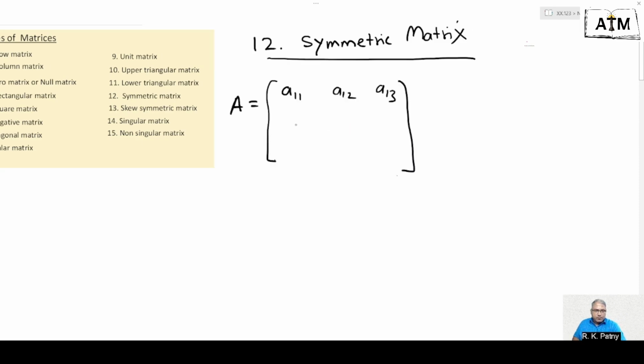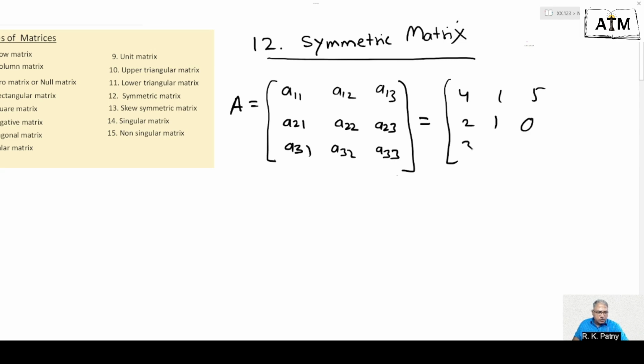Now for example, let us consider a matrix A11, A12, A13, A21, A22, A23, A31, A32 and A33. Suppose this is equivalent to 4 1 5 2 1 0 3 8 9.